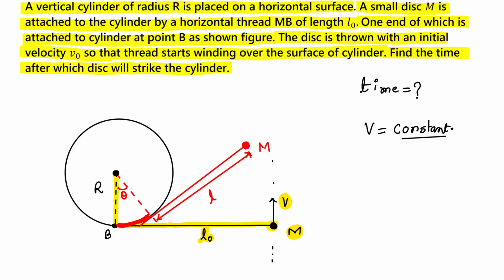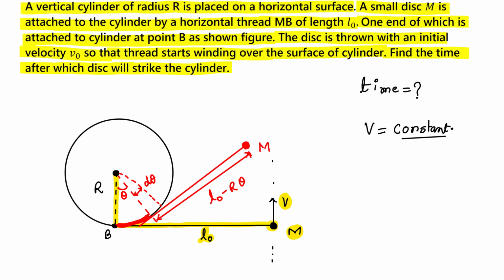So the length left is L0 minus R theta. This is the length that is free. Now let us further consider d theta. At theta there is a very small angle d theta, and for this d theta, the string binds further.